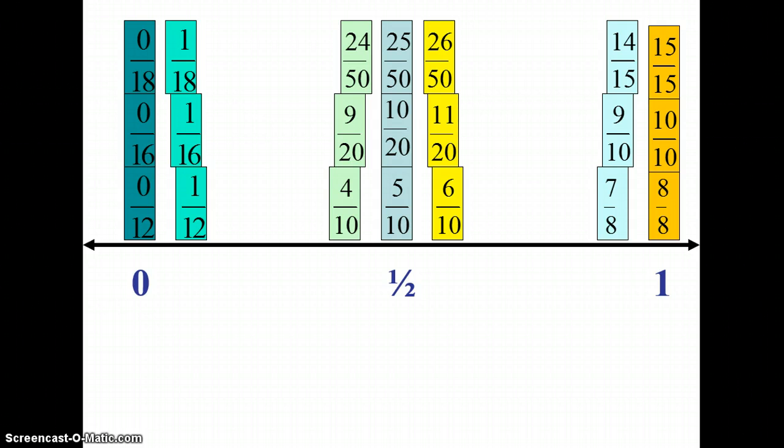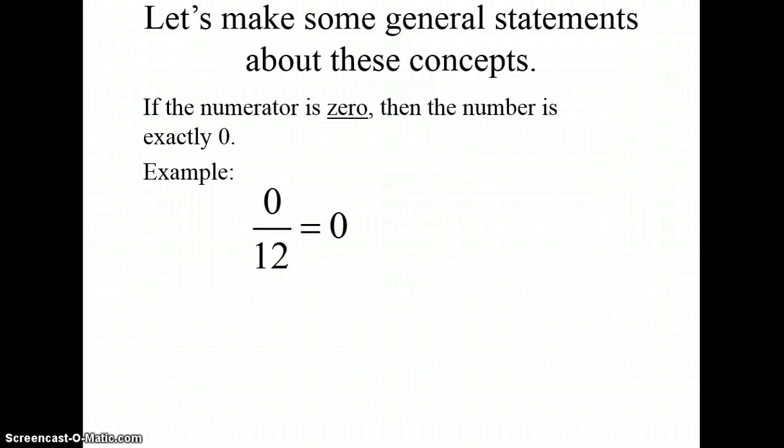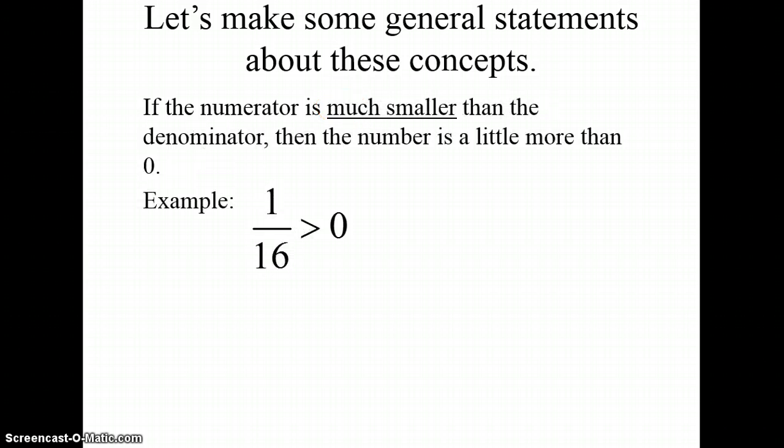And you probably guessed it, we're going to make some general statements about what we've just seen. If the numerator is 0, then the number is exactly 0. So 0/12 equals 0. Let's keep that in mind for our next general statement.